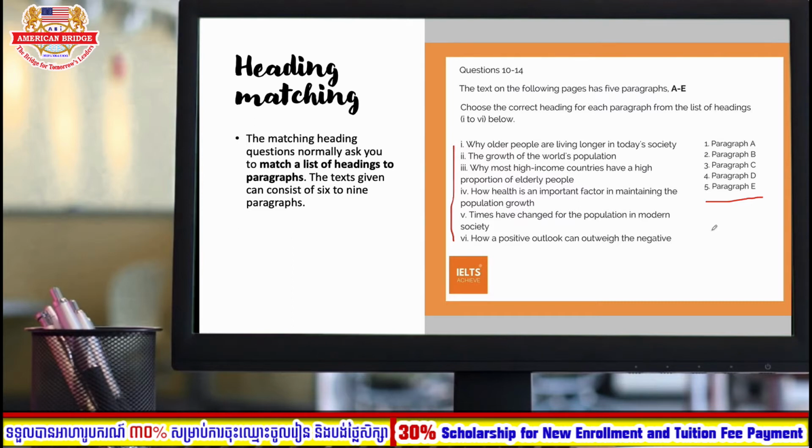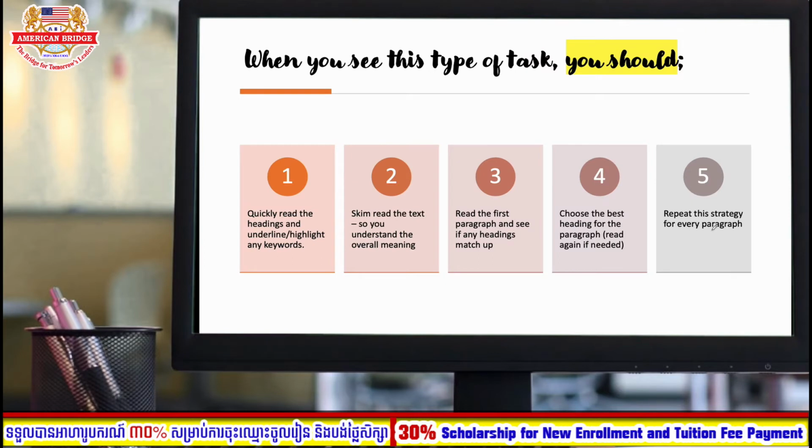Generally they give you more headings than paragraphs. So for the techniques that can help you, or at least help you guess which paragraph fits with each heading properly, you need to be able to guess smartly. There are 5 steps to do when doing the heading matching exercise like this.